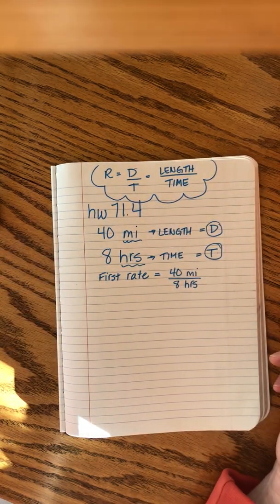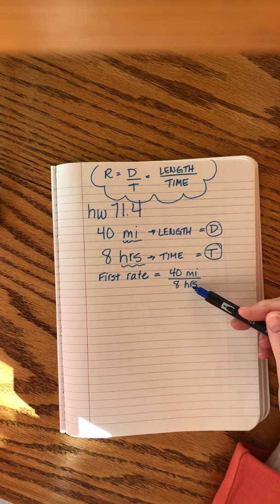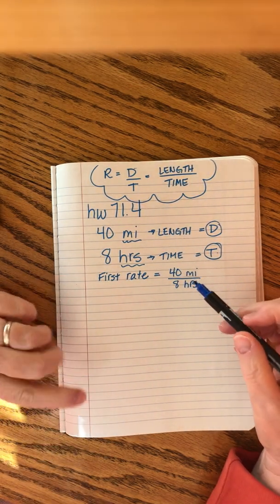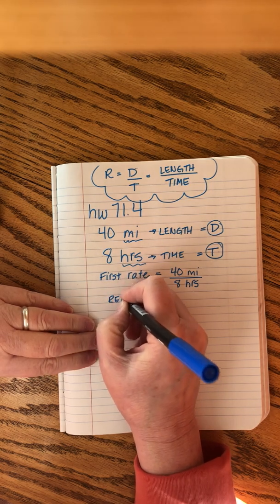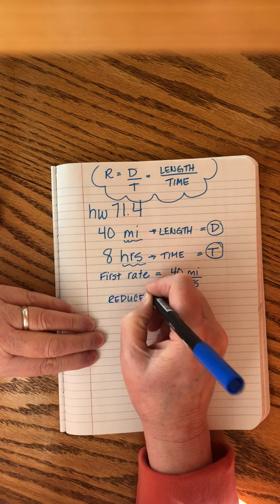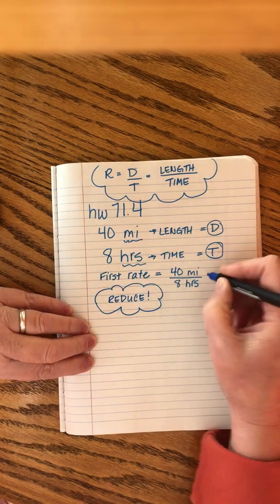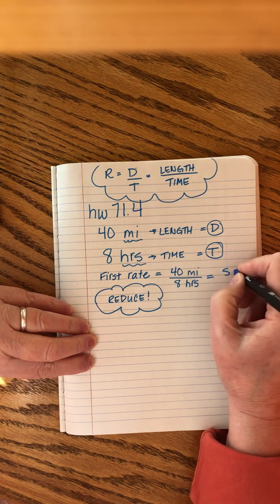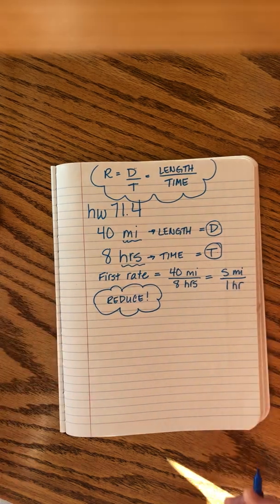Okay? Now, the alarm bell that should be going off in your head is that we want to reduce the fraction. Okay? And in this case, we can see 8 goes into 40 5 times. So it will be 5 miles every 1 hour.